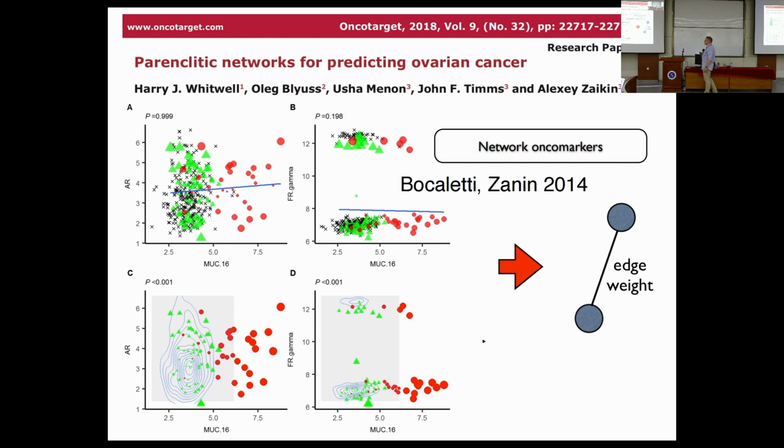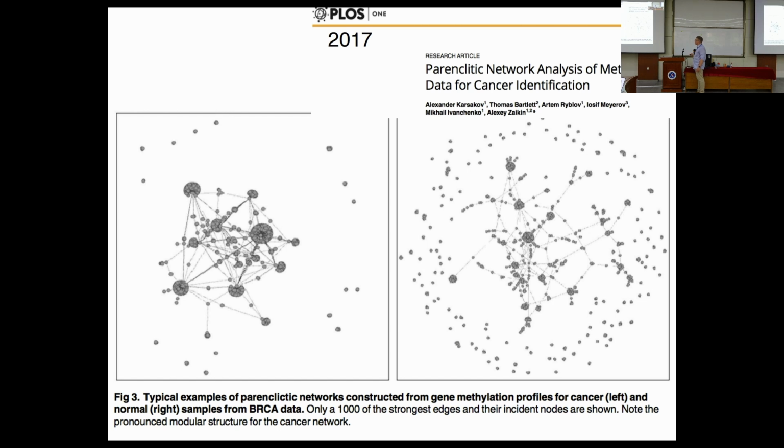The idea is actually quite interesting, and we used it for cancer identification using methylation data from the Cancer Genome Atlas, and you see that even visually, so this is the case of cancer, and this is the case of the healthy patients. Here we are getting a much more connected structure with some star-like nodes, so nodes with a very high number of degrees.